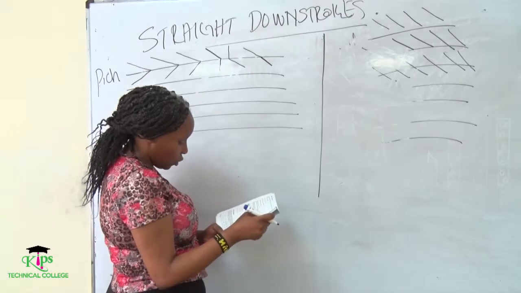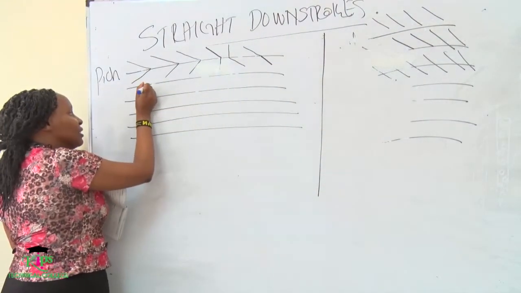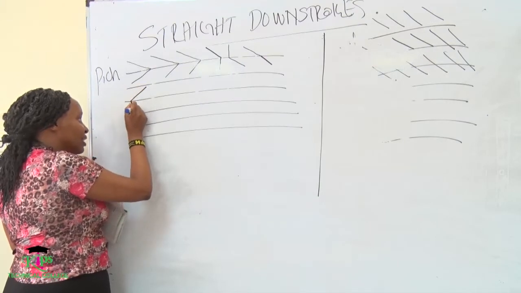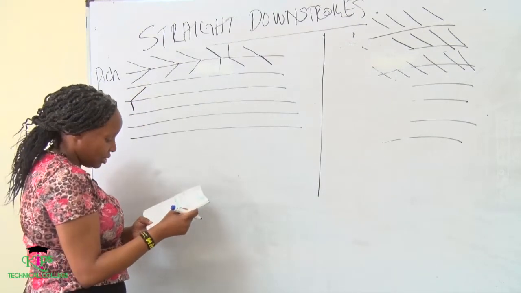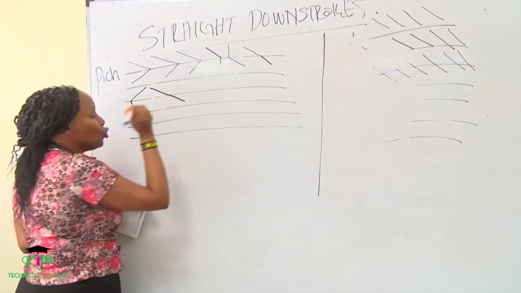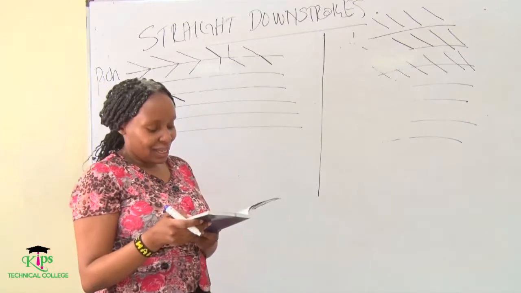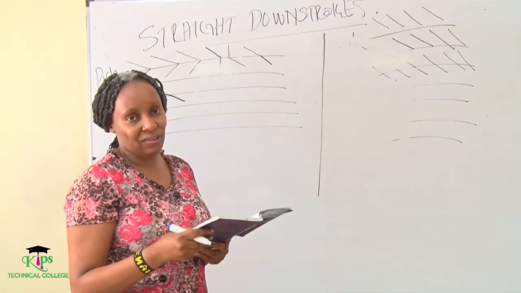We also have J and D. JD. We've got BB. So you don't lift the pencil when you're joining the consonants.